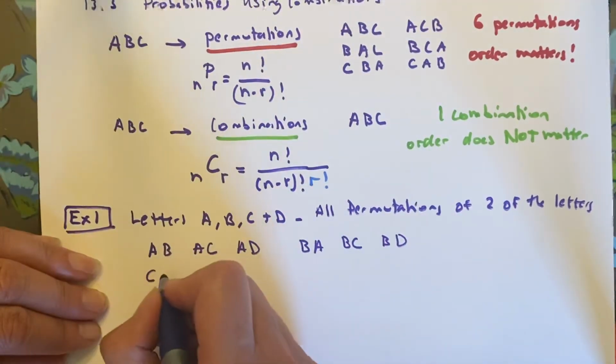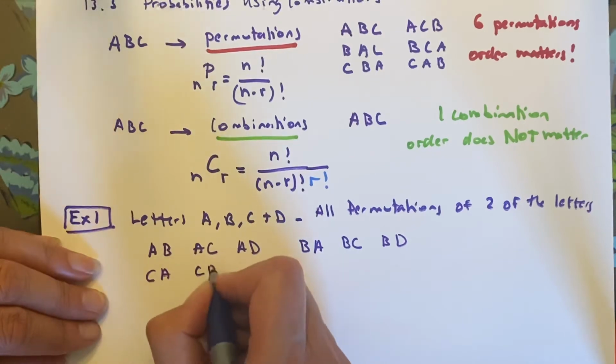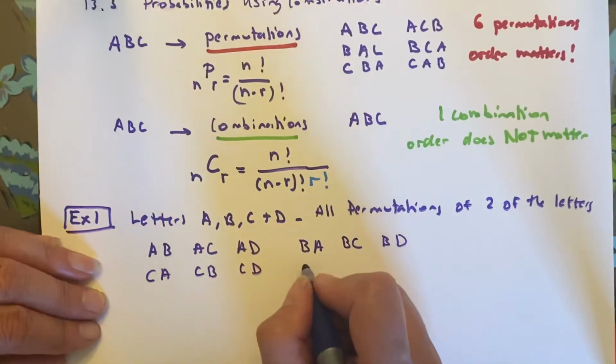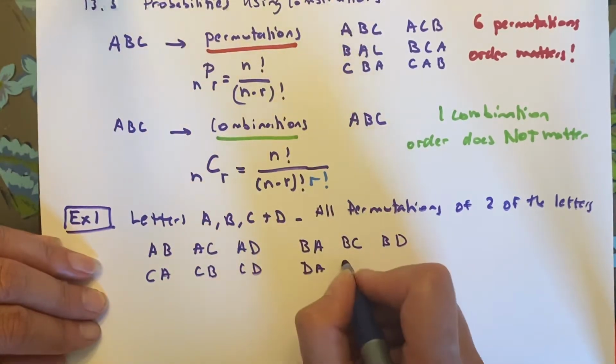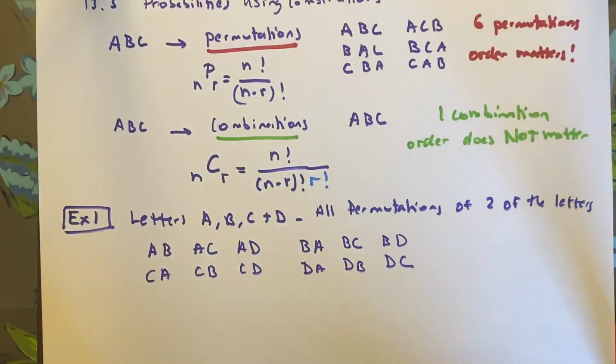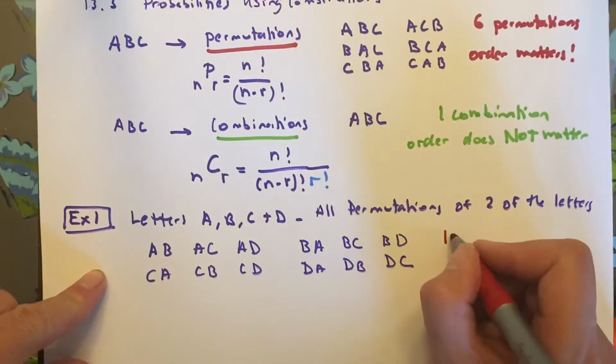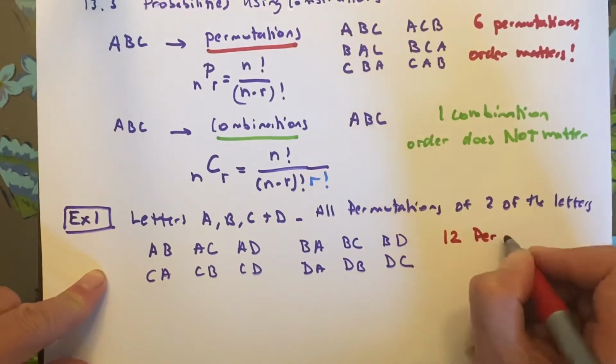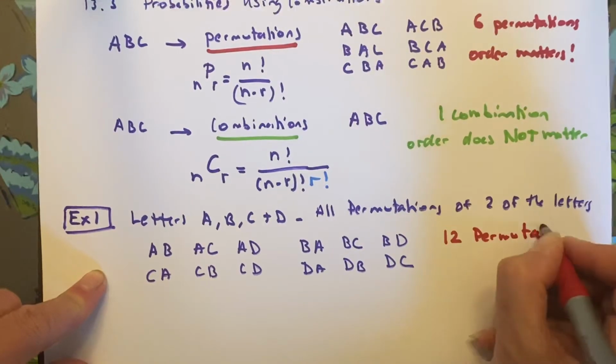If I pick C, I can have CA, CB, CD. And if I pick D, DA, DB, and DC. Okay, so I can see that I have 12 permutations, because if order matters, I have 12 permutations.